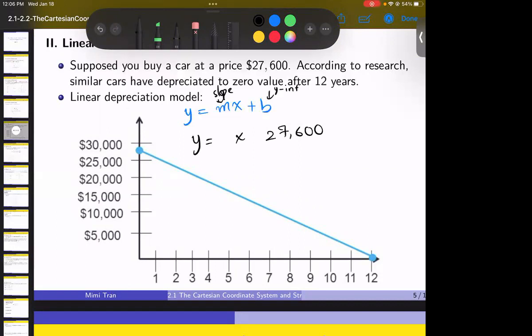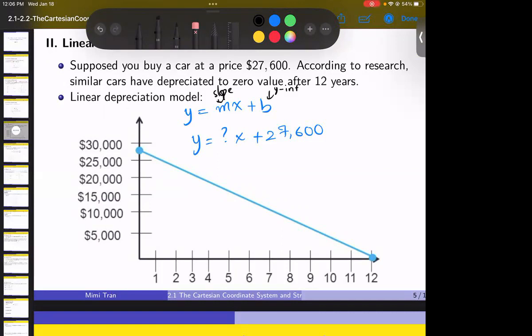I don't know m. Well, that's x. Let's find what m is. How do I find m? Yeah, rise over run, right? Or you can use delta y over delta x. But let's do rise over run because that's faster. Do I rise down or rise up? Rise down, right?